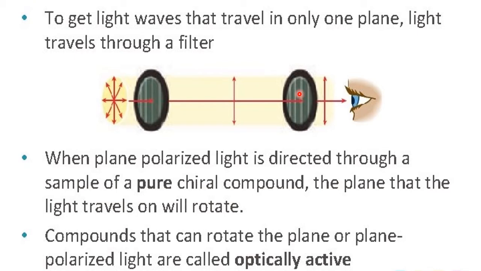Why are we using the word optical here? Because optics is a branch of physics which deals with the study of light. So here also molecules are sensitive towards light. That's why we are using the word optic. Molecules are showing some interaction towards the light. That's why we can say they are optically active.